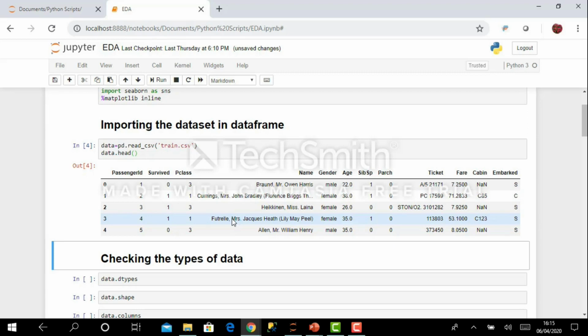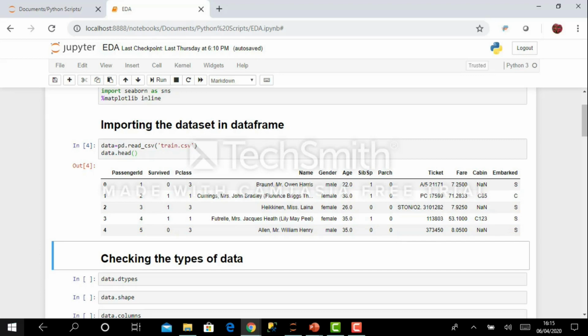My task here is to draw that relationship: exactly on which features this survived feature is dependent, and how. That is the purpose of this work, but it is very important that we understand the data set first, and only then can we go to the next step.